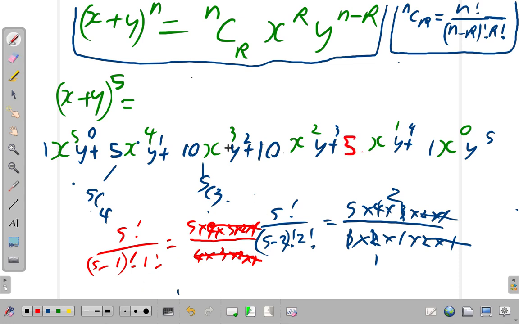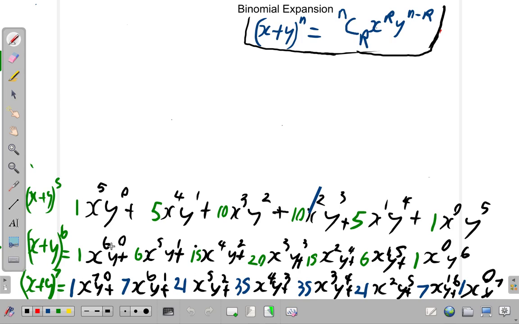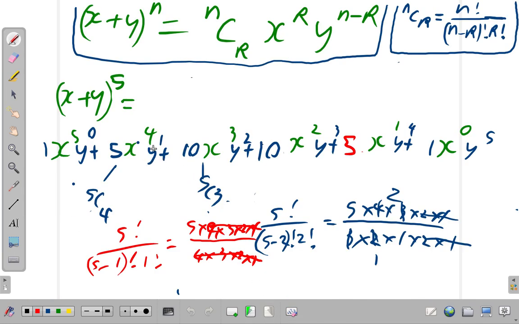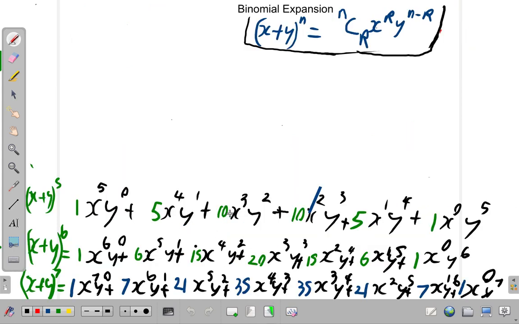Alright, let's compare them. 1 x^5 y^0. I have 1 x^5 y^0. And 5 x^4 y^1. This is 5 x^4 y^1. Then 10 x^3 y^2.